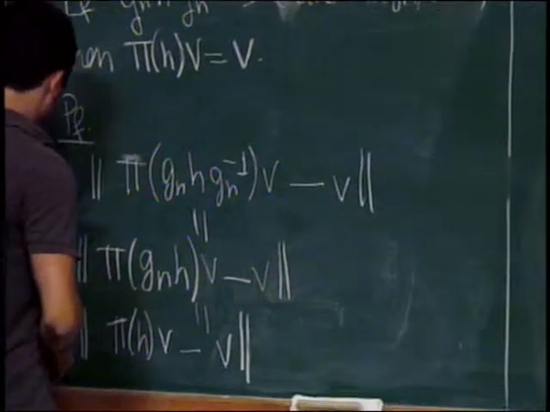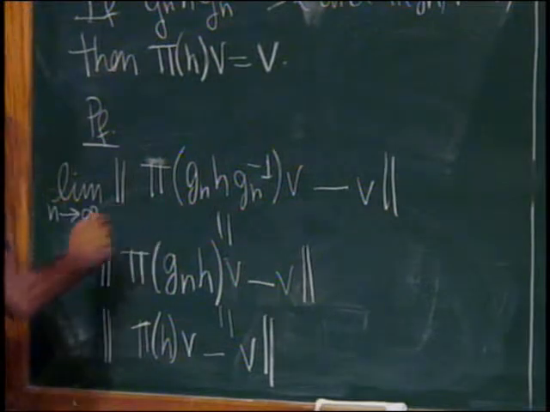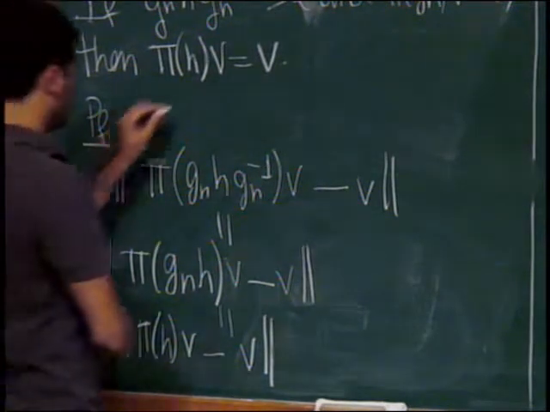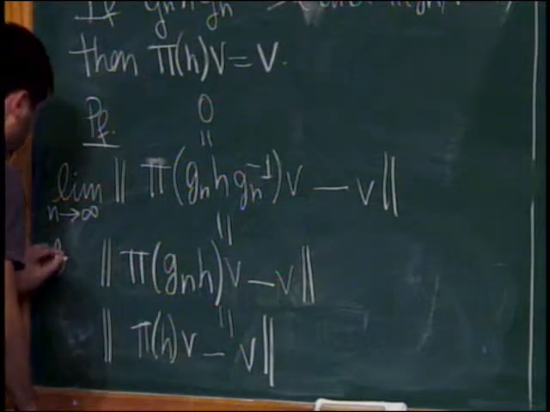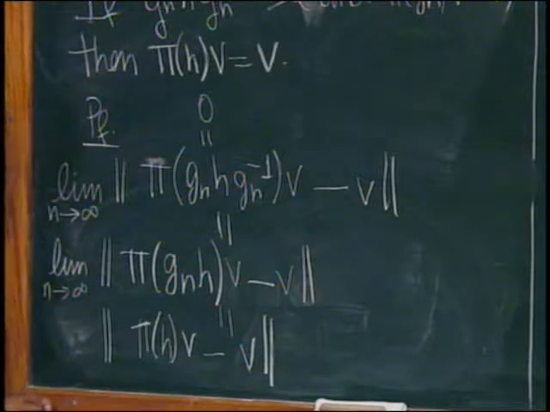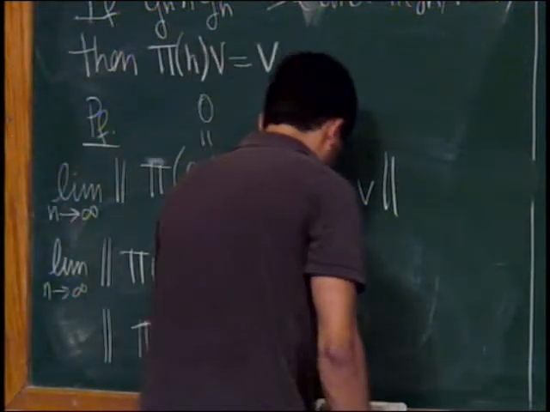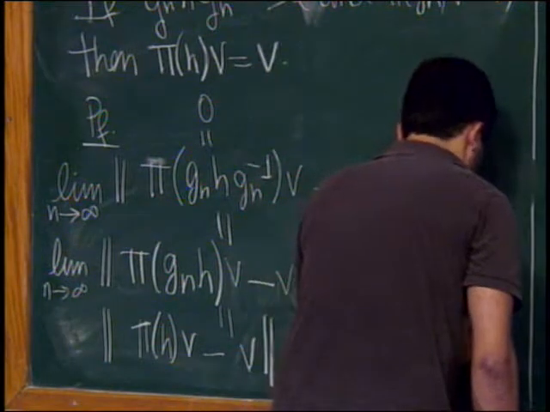Passing through limits, the limit of this, which we know is 0, equals the limit of this, equals this. So this tells us pi of H of V equals V.